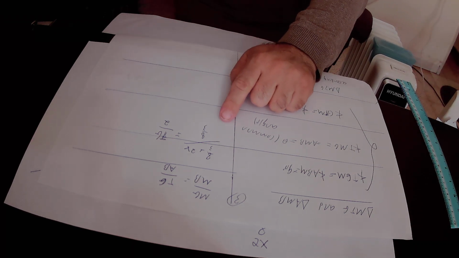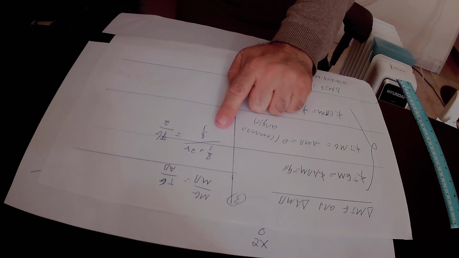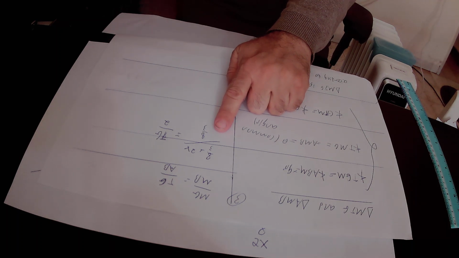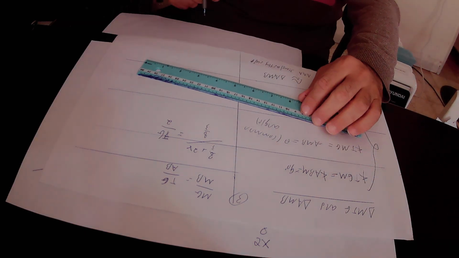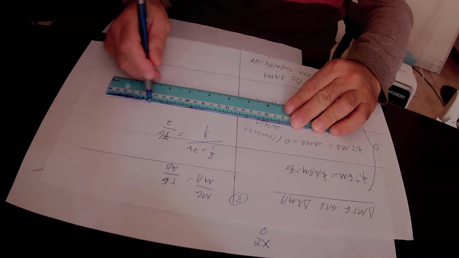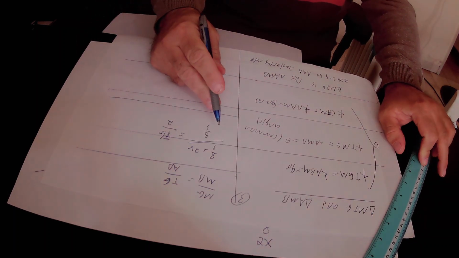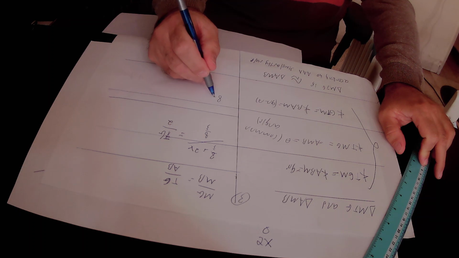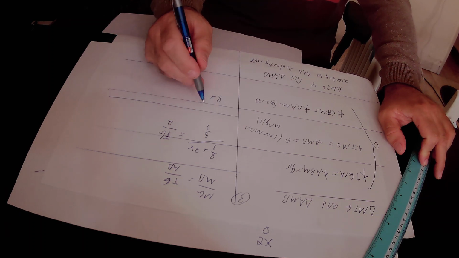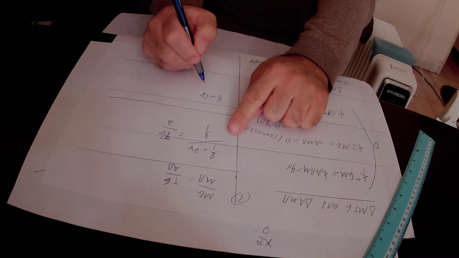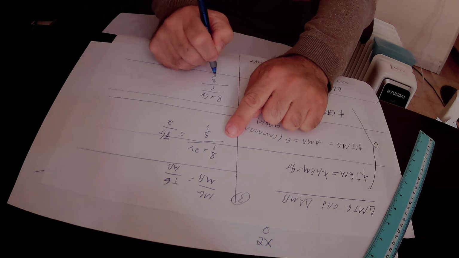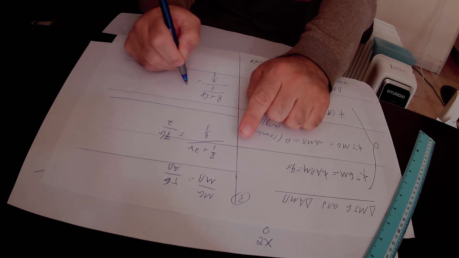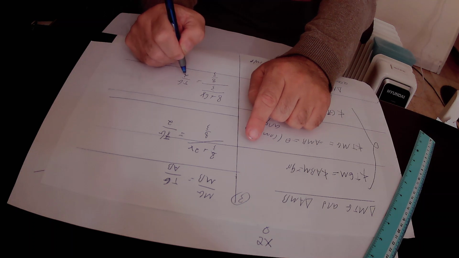Here we multiply 2x by 3 and then divide it by 3 in order to have a common denominator with 8 over 3. And in the numerator we will have 8 plus 2x times 3 is 6x, so in the numerator we have in total 8 plus 6x over 3, over 8 over 3, that is equal to TG over 2.